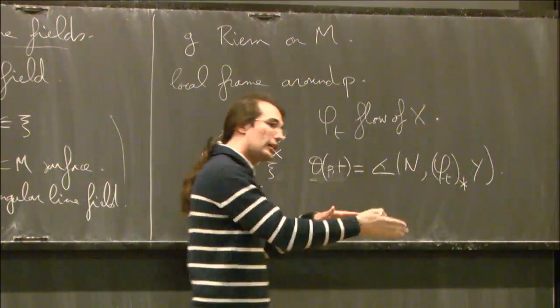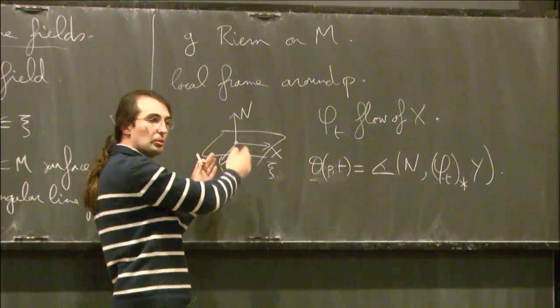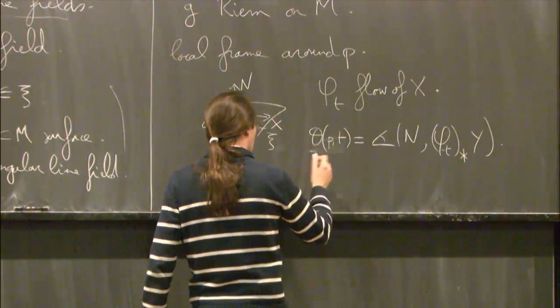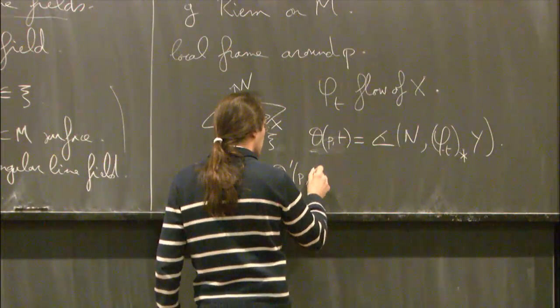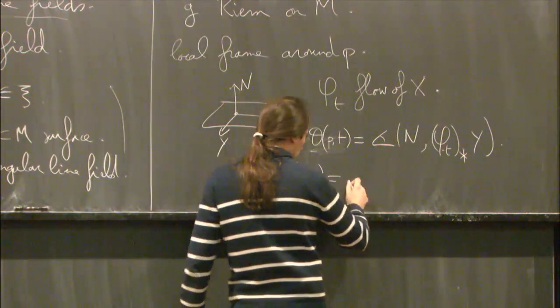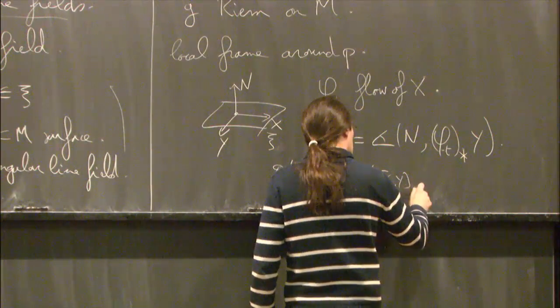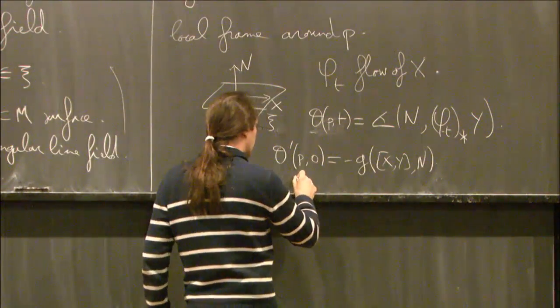So you flow along x, and you look at the angle with the normal. Then the derivative of this angle at t equals 0 is something like g of the Lie bracket of x and y with n.